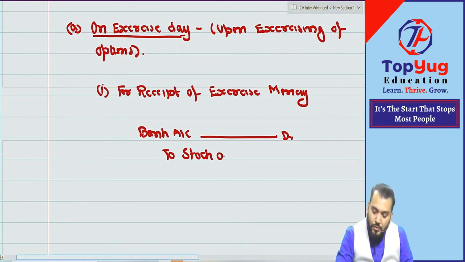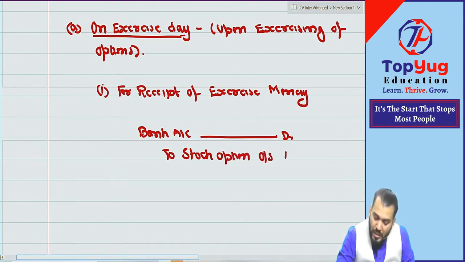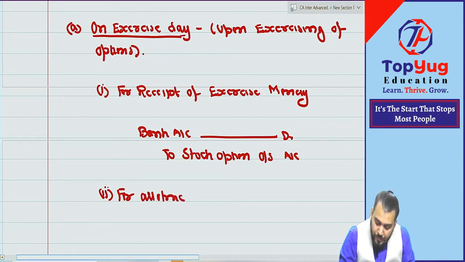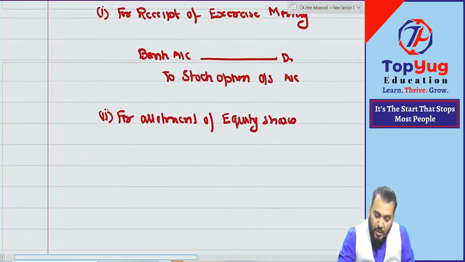Correct now? So stock option outstanding account. Then point number 2, for allotment of equity shares. What journal entry?